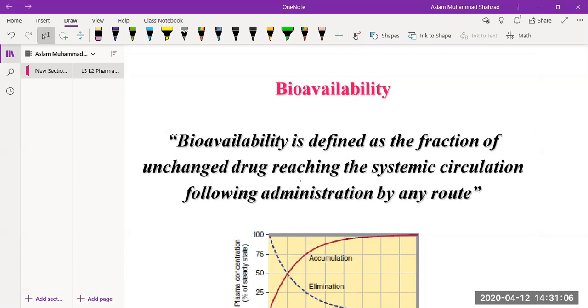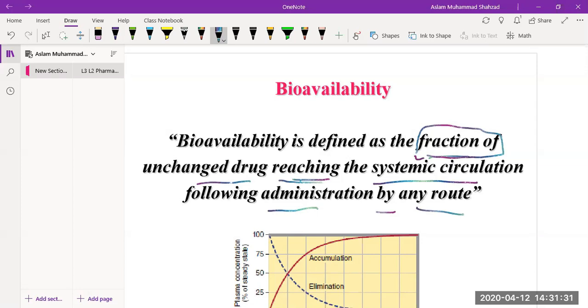It is defined as the fraction of unchanged drug reaching the systemic circulation following administration by any route. If we split this definition, we can find out the fraction of drug, or fraction of unchanged drug, that reaches the systemic circulation.